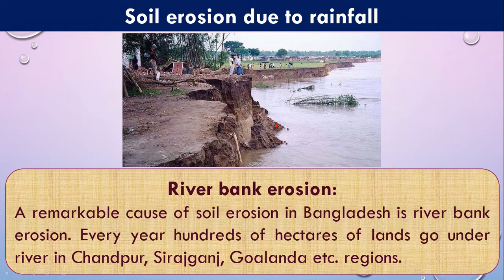So this is very dangerous in our country, with a very negative impact. That is why lots of people become homeless, houseless and landless. This is called natural river bank erosion, and it is a great disaster in our country.